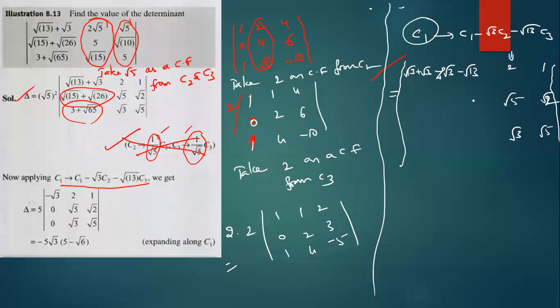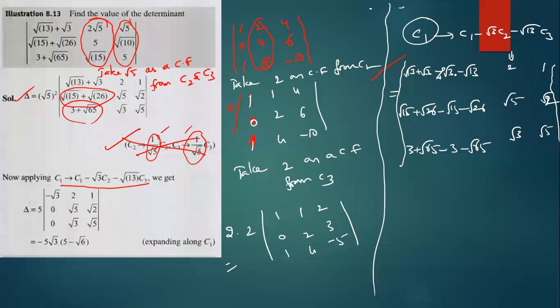Okay. Next, second element. What is that? Root 15 plus 2 root 6, root 26 minus root 3 into root 5. Root 15 minus root 13 into root 2 means root 26. Similarly, 3 plus root 65 minus root 3 into root 3, that is 3 minus root 65.